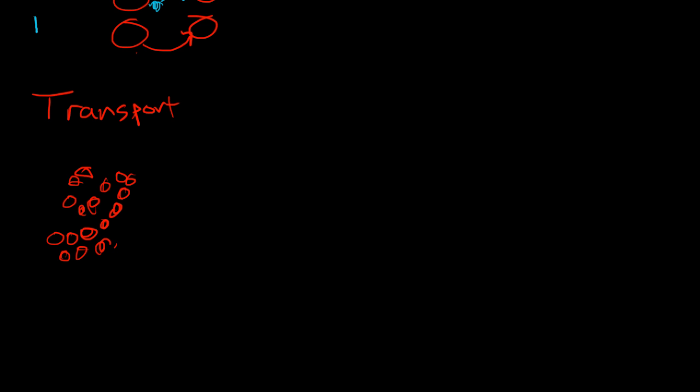Now, the next type I would like to talk about are transport proteins. So there are many molecules that do not dissolve well in blood, and there's other molecules that need to remain in an inactive state.